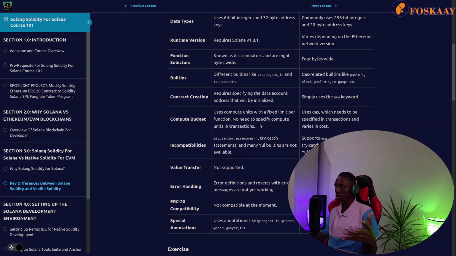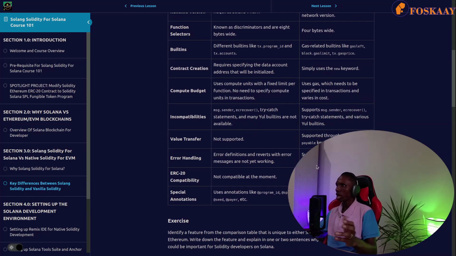I think 200,000 units max per transaction. So compared to Ethereum, where you will need to pay more to get a higher seat, like I've explained previously.